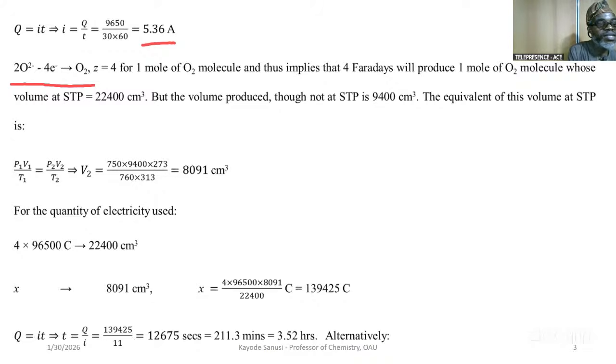This is just a simple form of writing the equation. This is not necessarily the actual equation that represents the process, but at least it is enough to give us the information that we need. And that information is that we will need 4 Faraday to produce 1 mole of oxygen.